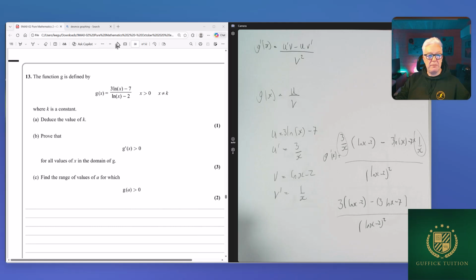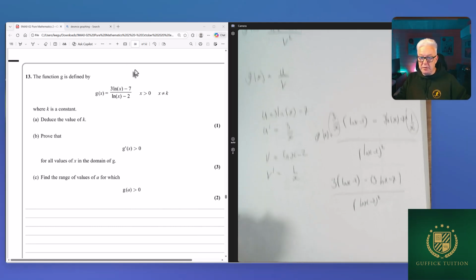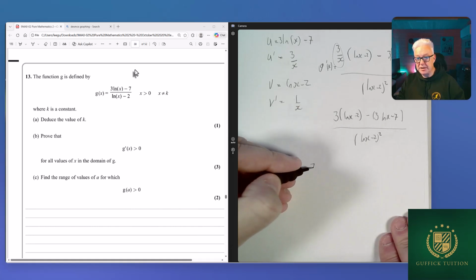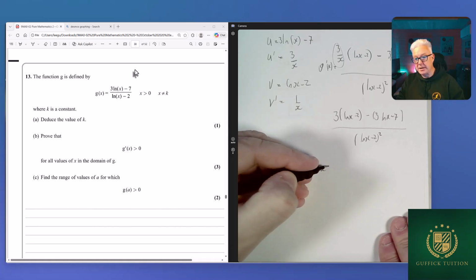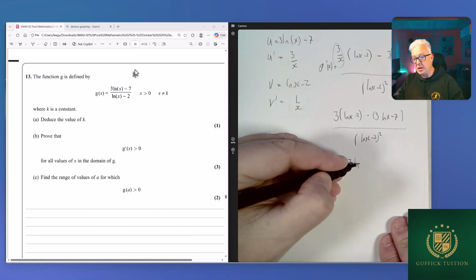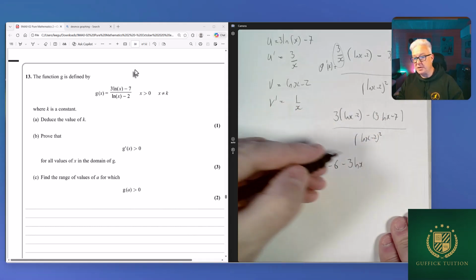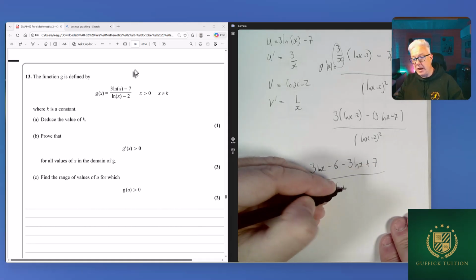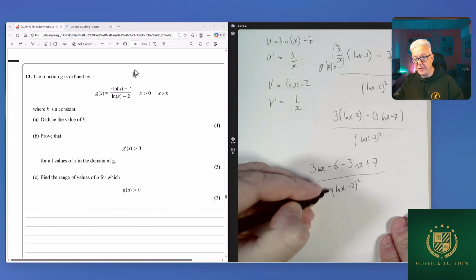Let's continue now. Let's expand our brackets and do a little bit of simplification. When I expand this bracket, 3 times ln x is going to be 3 ln x minus 6. Expand this bracket, minus 3 ln x, and a minus times a minus makes a plus, so plus 7, all over ln x minus 2 all squared.